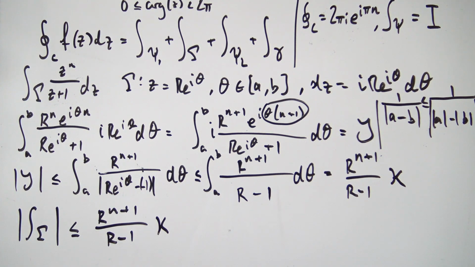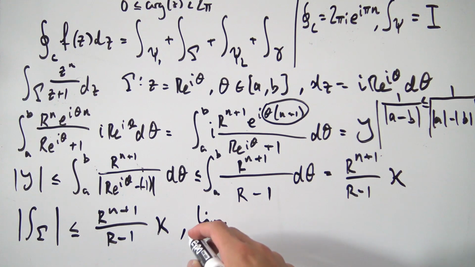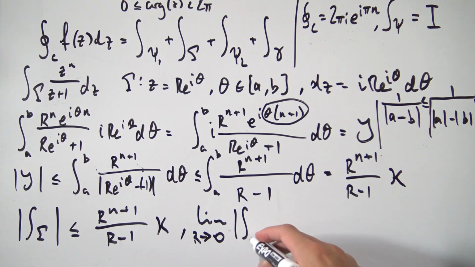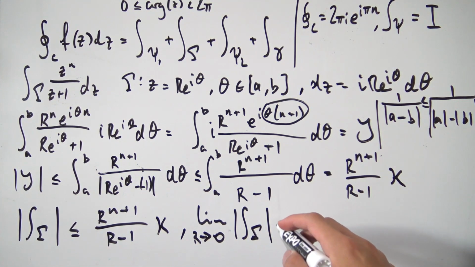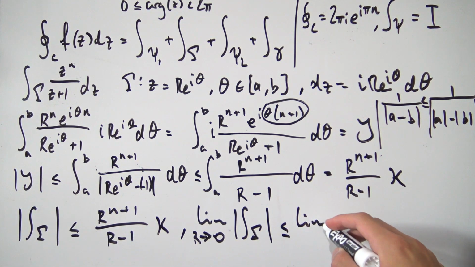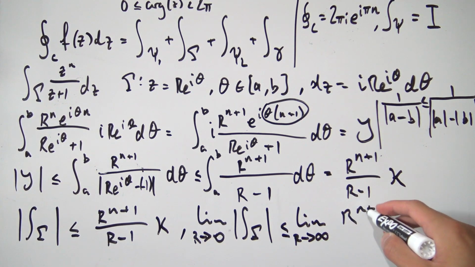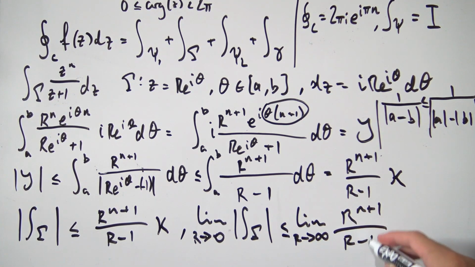And later we're going to be taking the limit as r approaches infinity, so we might as well do that now. If we take the limits on both sides, we're going to have the limit as r approaches infinity of the absolute value of our integral over gamma, and that's going to be less than or equal to the limit as r approaches infinity of r to the n plus 1 over r minus 1, times kappa.